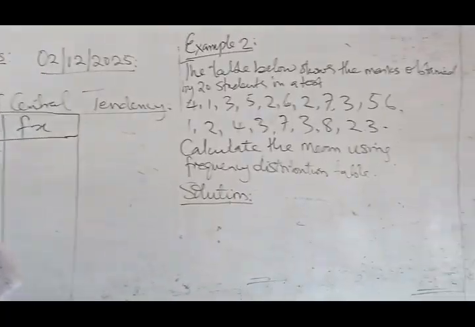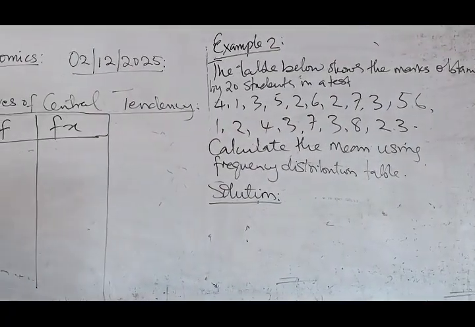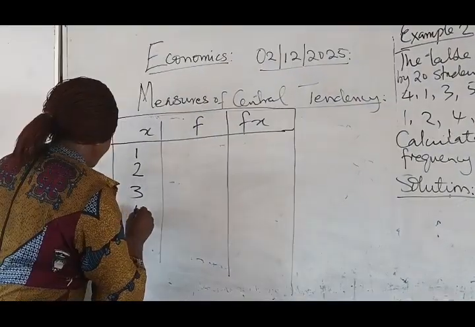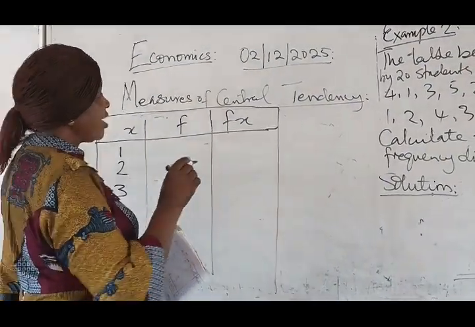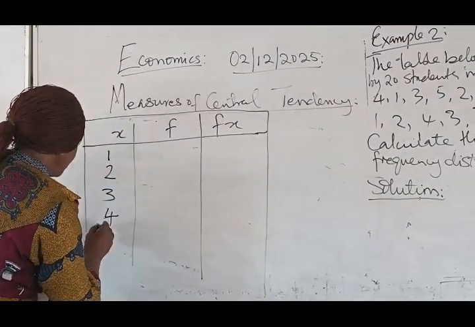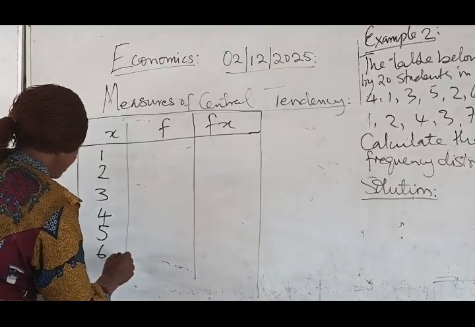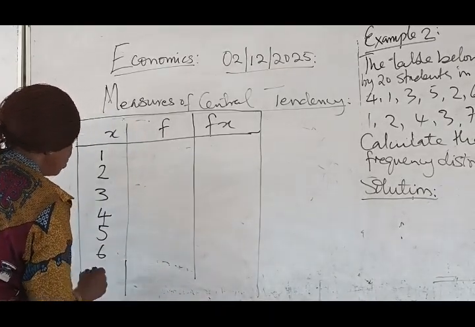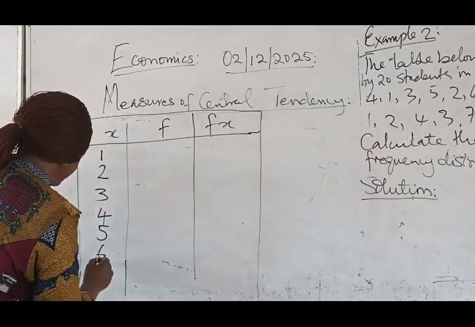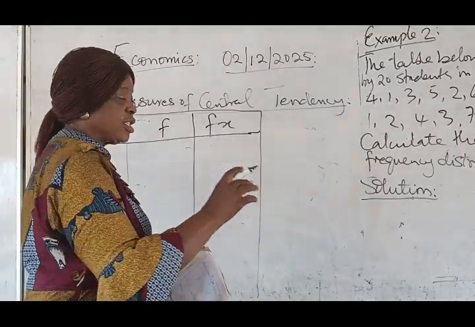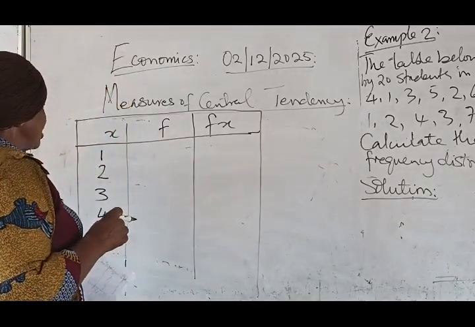After 2, do we have 3? Yes, there is 3 there. Do we have 4? There is 4 there. Do we have 5? Yes, there is 5. Do we have 6? There is 6. You ask again, do we have 7? Yes, there is 7. You have done it in ascending order from the smallest number to the highest number.